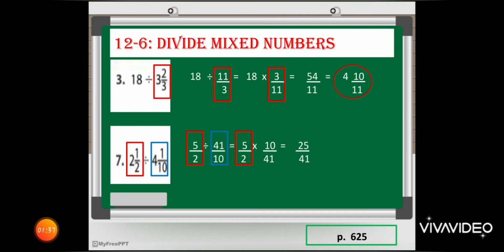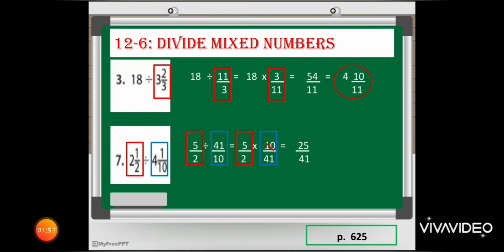Now, let's change them into a multiplication equation. We have to keep 5 over 2. We have to change the sign, but the fraction divisor should be flipped. So we now have 10 over 41. Looking at 10 and 2, they have a common factor, which is 2.